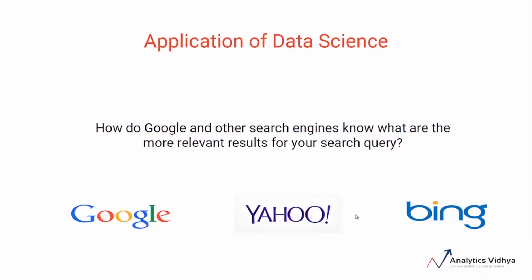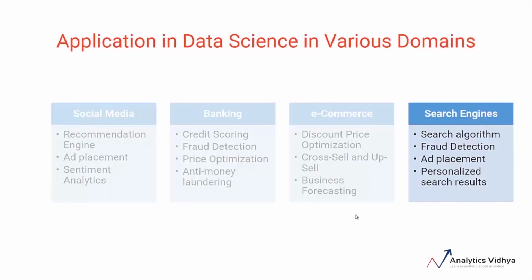All these search engines apply machine learning and data science to come out with the best results in a matter of few seconds. In a lot of sense, it was these search engines who started applying data science at big data scale. In addition to this, search engine also uses data science to improve ad placements in the search results and serve you personalized search results.